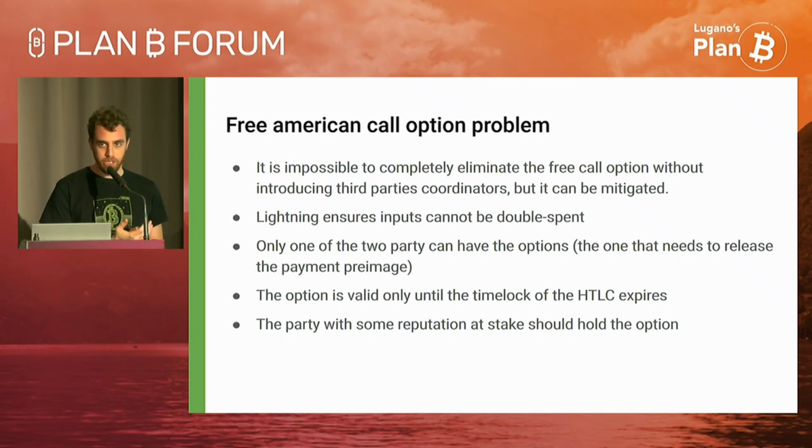And so this option has a value because there is a possibility that it will be very valuable in the future. If Bitcoin goes to 50K, then the option to buy at 30K is basically $20,000 of value. And the problem is that if one of the parties has this option for free, it is at the expense of the other party, because usually when you buy a financial option, you pay a price.